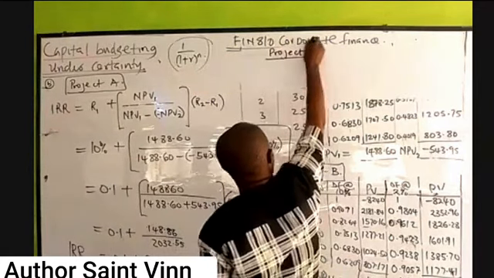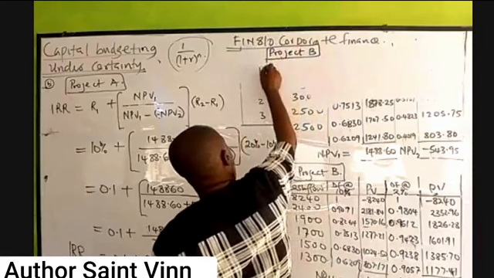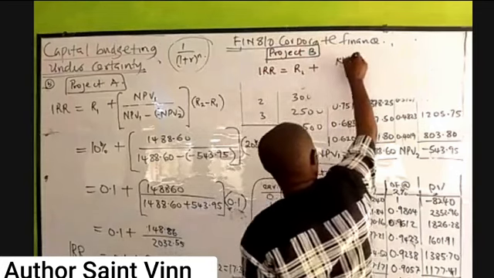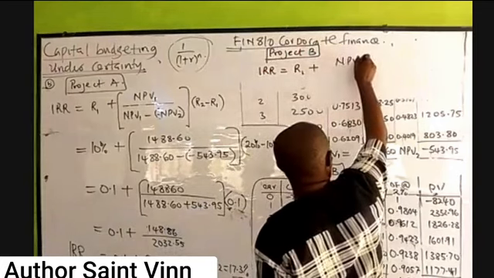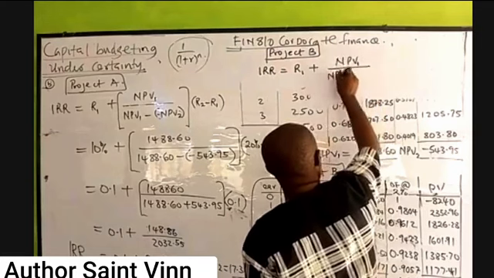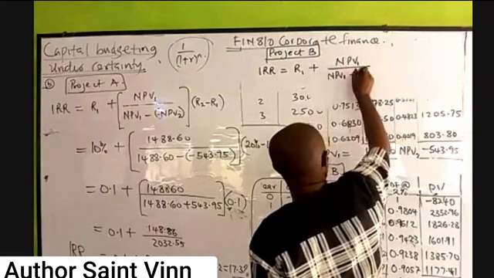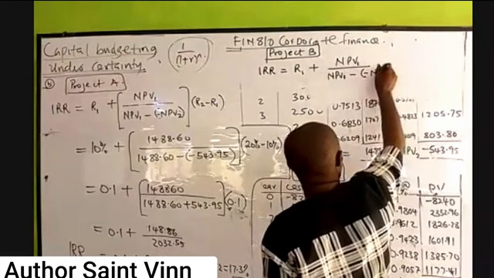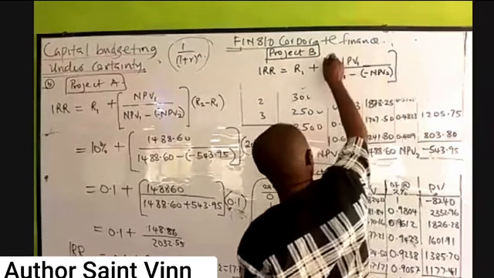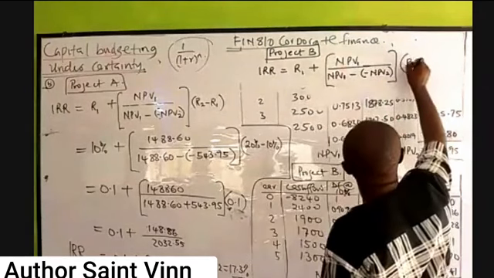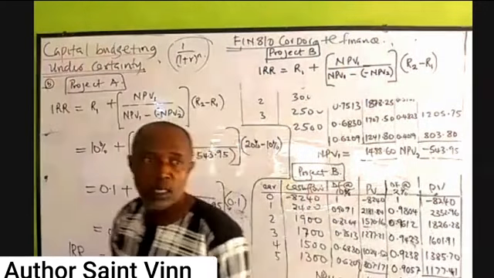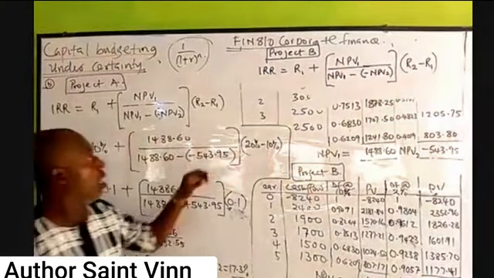So for project B, our IRR, yes, I'm hearing you. I don't want to write the formula now in case some of us are still looking for the formula again. What's going to happen?